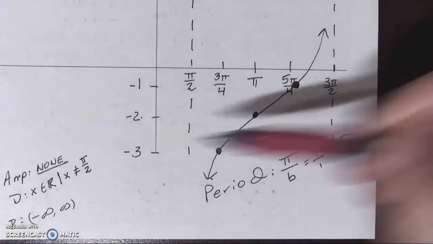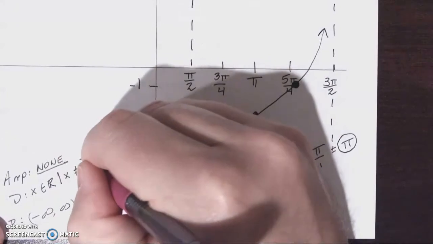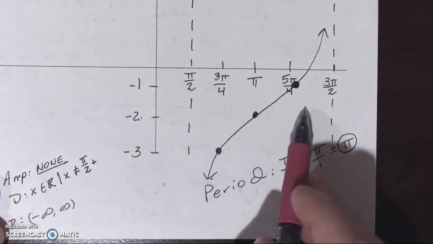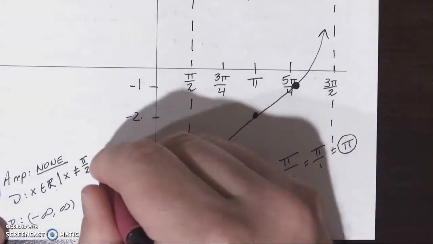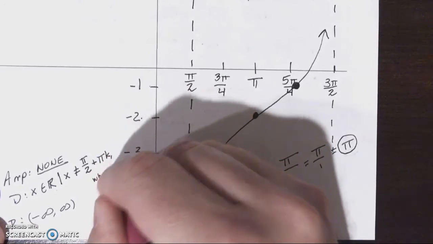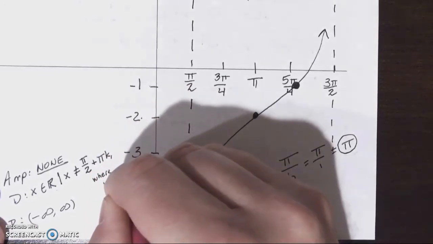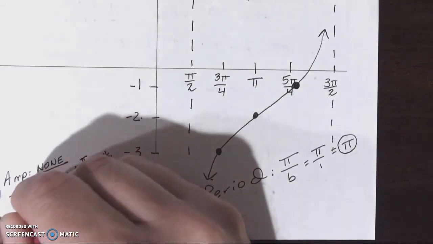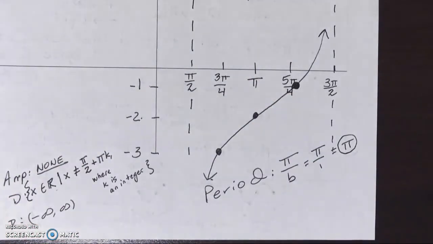So basically we're just picking out one asymptote. We could have even used 3 pi over 2 here. Plus the distance between the asymptotes. That should match up with the period of your tangent graph times k, where k is an integer. We could put brackets around these. Okay.